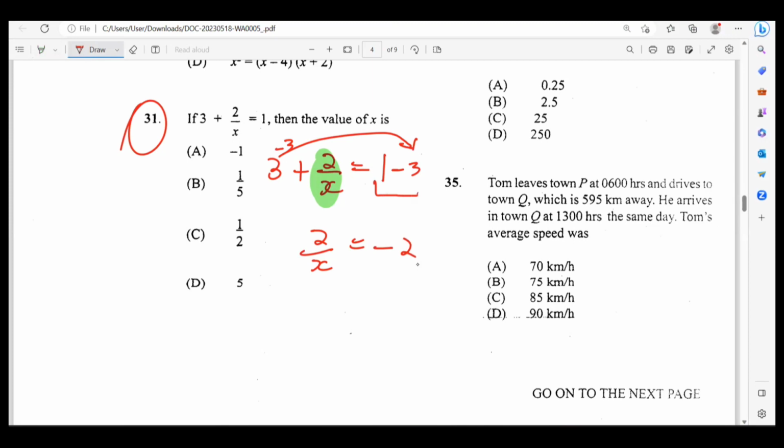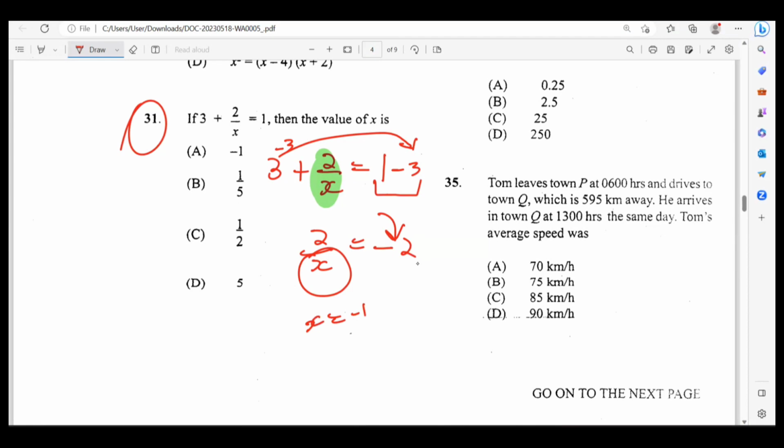And you don't want to make any errors here. 1 minus 3 is minus 2, right? So at this moment, you're asking yourself, there are 2 ways to do this. You can say 2 divided by what gives me minus 2? And you would have said 2 divided by minus 1. Give me minus 2, because you need a minus 1, you still need 2. So you could say that, okay, x is minus 1.